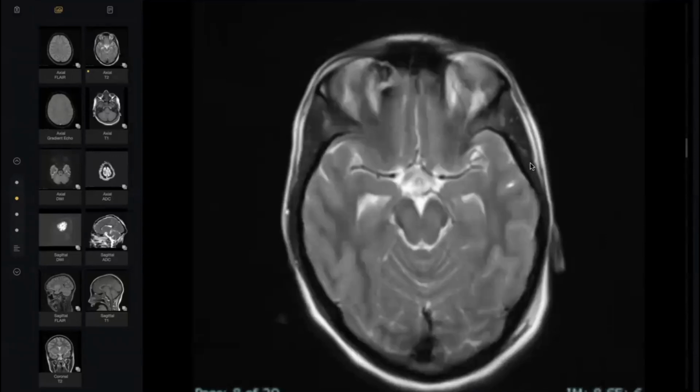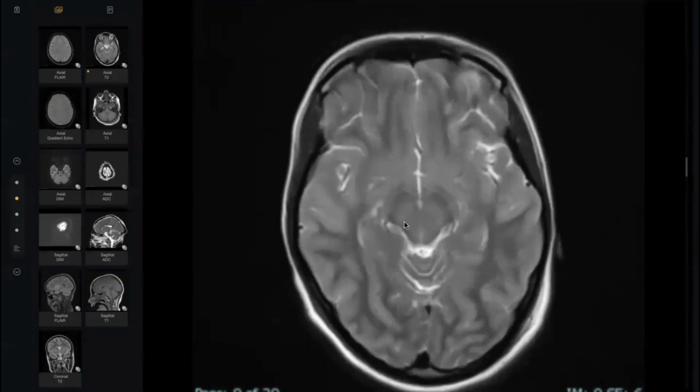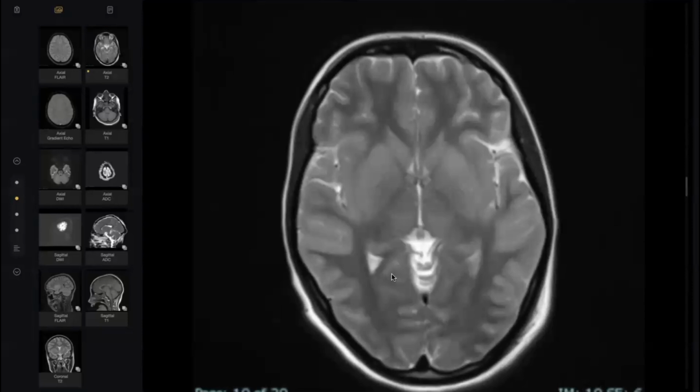Some hyperintensity is seen within the midbrain, it is central. There is diffuse hyperintensity seen in bilateral parietotemporal lobes.